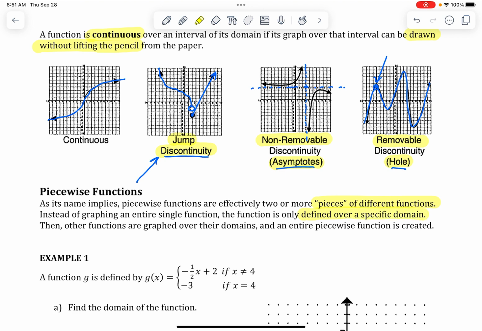So if you look at that last example in the jump discontinuity, we only defined this linear equation here for specific x values. It only started from 2 and went to x equals infinity, right? If we didn't care about anything less than 2, that was a different function. So let's kind of explore that a little bit more, and we'll see what we mean.